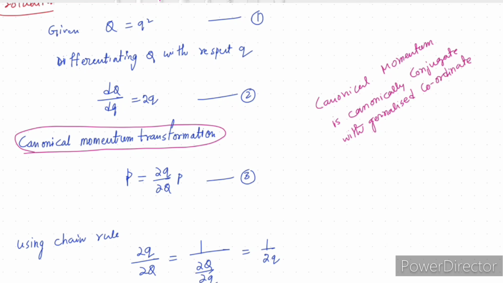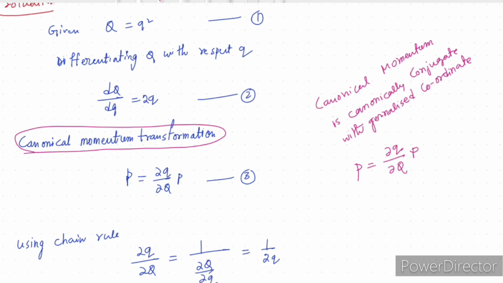So first of all we calculate the canonical momentum transformation. This is the formula of canonical momentum transformation: P equals del q upon del capital Q into p. This is the exact formula of canonical transformations.